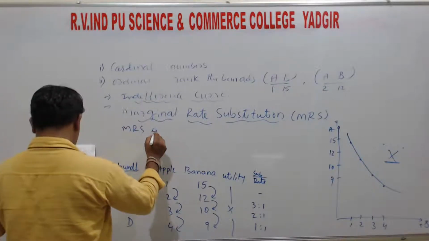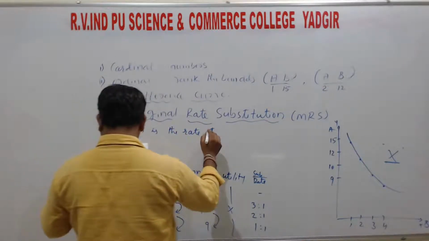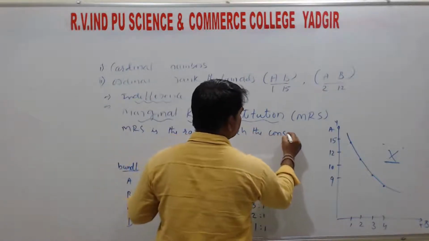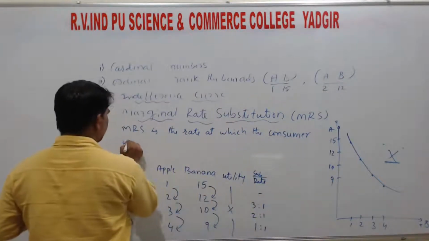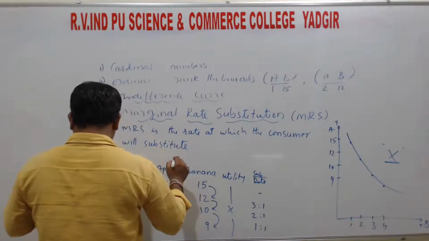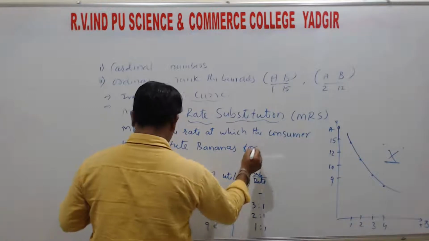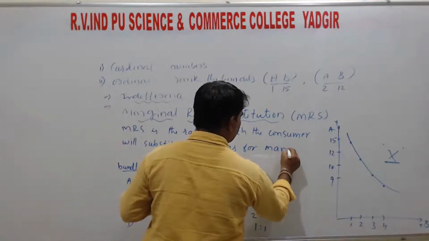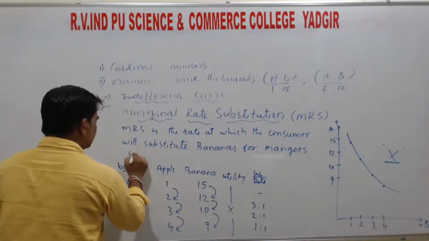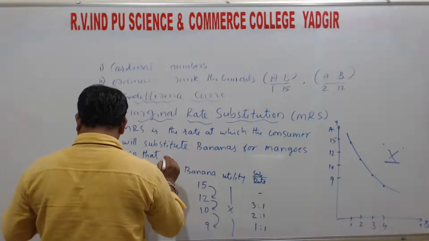MRS is the rate at which the consumer will substitute bananas for mango, so that the total utility remains constant.